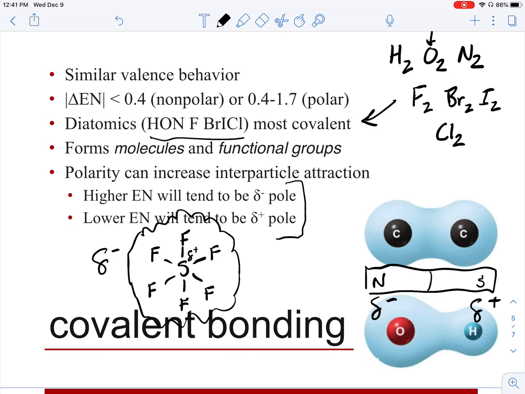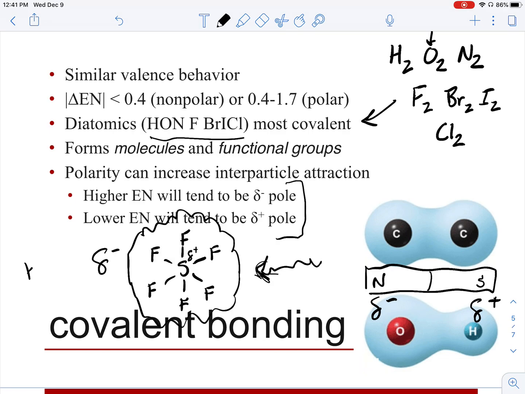So if you get in your magic school bus and you drive up to the outside of a sulfur hexafluoride molecule, even though this is extremely polar bonding, from the outside, you can't see the positive pole. It's buried down within the center of the molecule. So just because something's polar doesn't mean it's going to be the same.